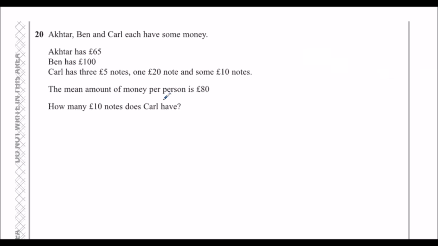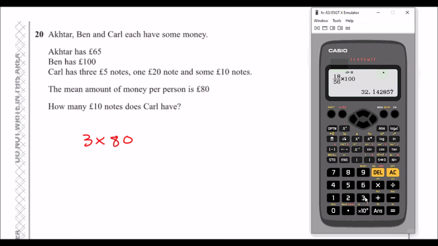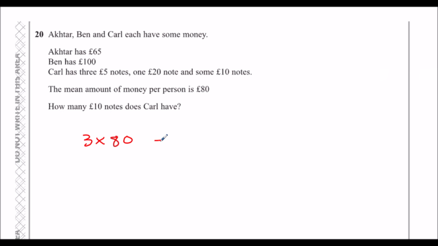How many £10 notes does Carl have? So there's 3 people, and the mean is 80. So on average, they've got £80 each. So 3 80s must be the total amount of money they've got. That's 240. So 240 is the total amount of money they have.